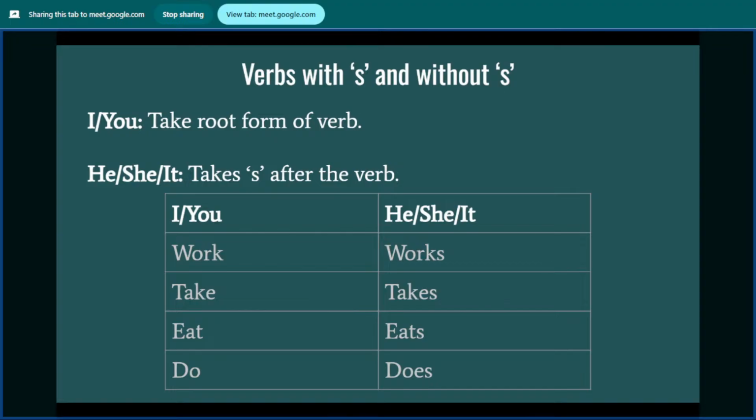Okay. I take coffee, you take coffee, she takes coffee. Okay. I eat breakfast, you eat breakfast, she eats breakfast.